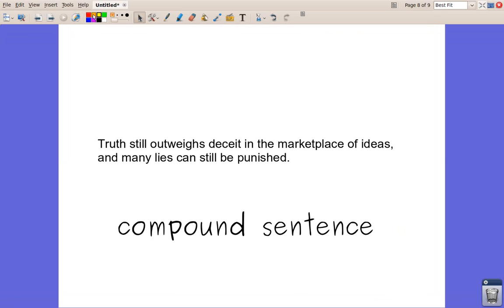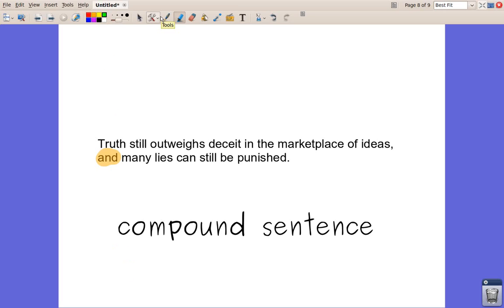We have a conjunction, and. The word and actually connects two sentences. Truth still outweighs deceit in the marketplace, and many lies can still be punished. Each one of these is a perfectly good sentence. So we have two subjects and two predicates.